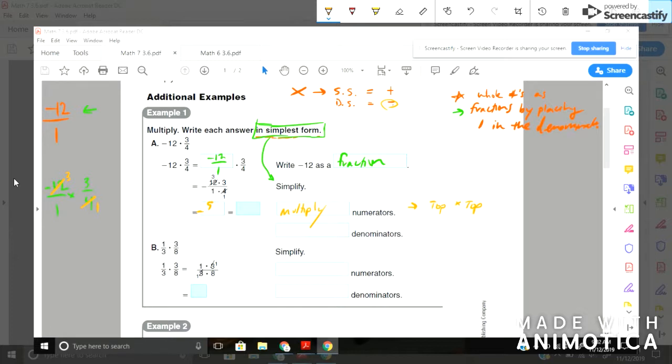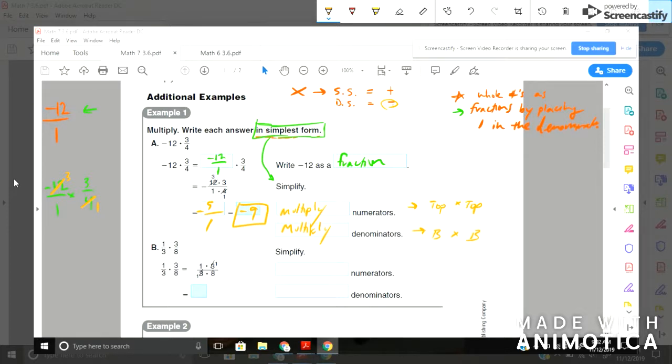So 3 times 3 is 9 on top. You also need to multiply the denominators, bottom times bottom. 1 times 1 is 1, and negative 9 divided by 1 will just give us negative 9 for our answer.